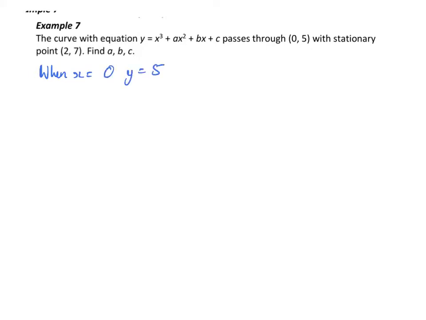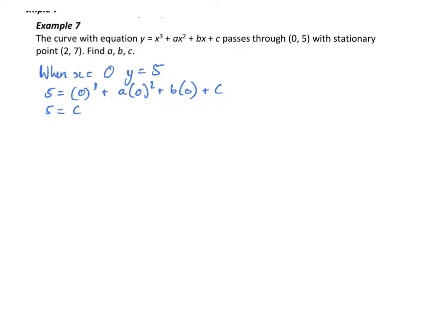Let's substitute that in, and we get 5 is equal to 0 cubed plus a times 0 squared plus b times 0 plus c, which works out really nicely because we end up with c equal to 5. So we now have another point that the graph goes through. It's the point (2, 7). It not only goes through that point, but it's also a stationary point.